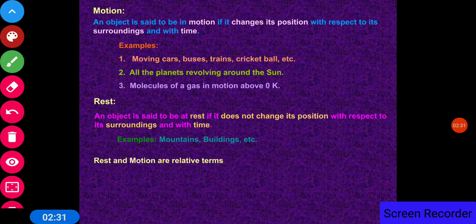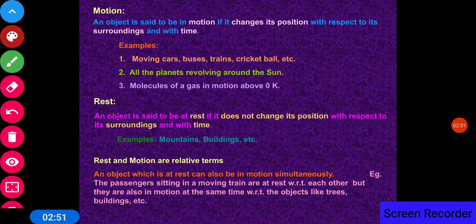So rest and motion, these two terms, they are relative to each other. An object is said to be in motion if it is changing its position with respect to the surrounding and with time. And if it is not changing its position with respect to surrounding, then it is said to be at rest. An object which is at rest can also be in motion simultaneously.